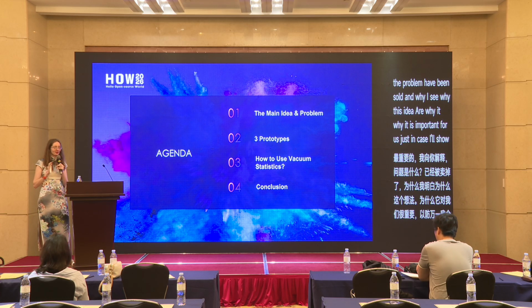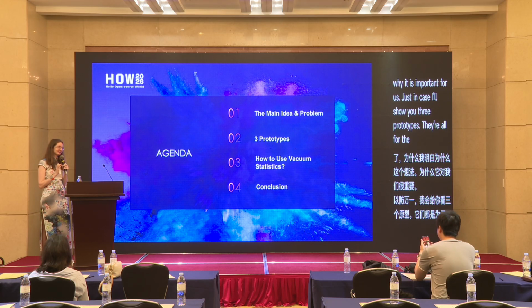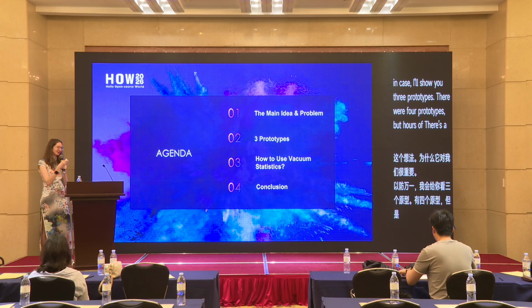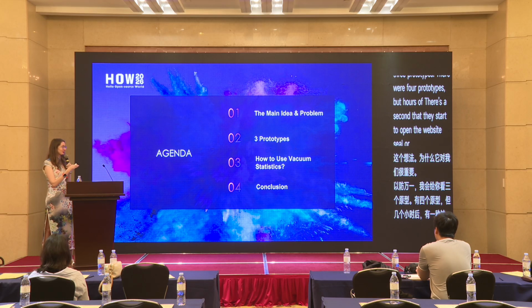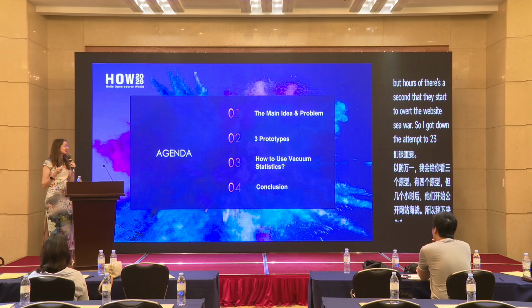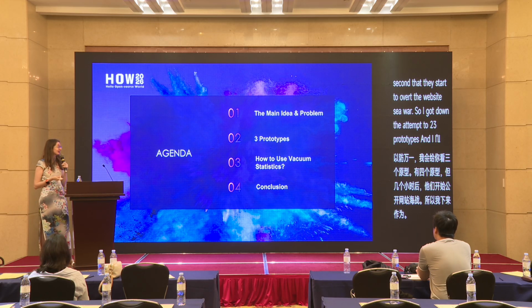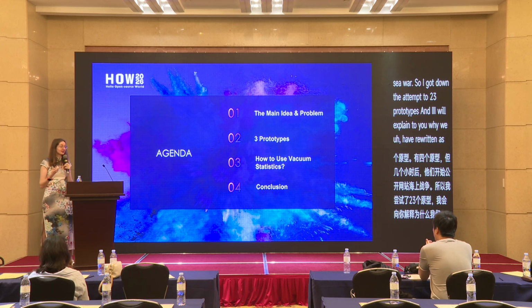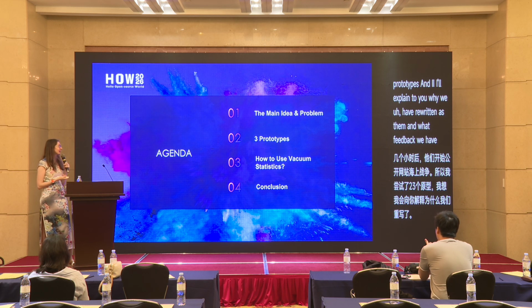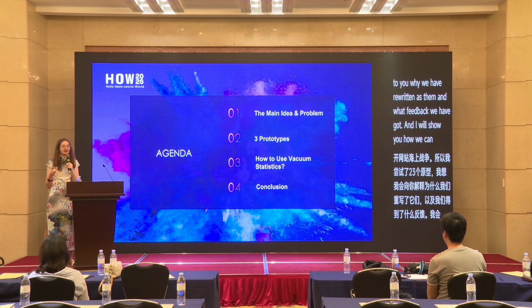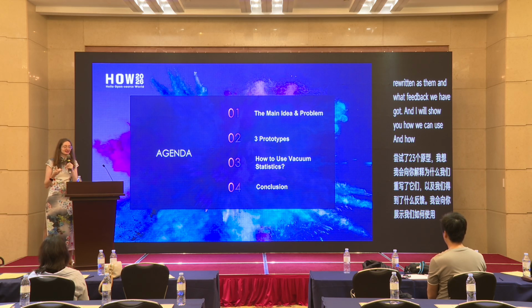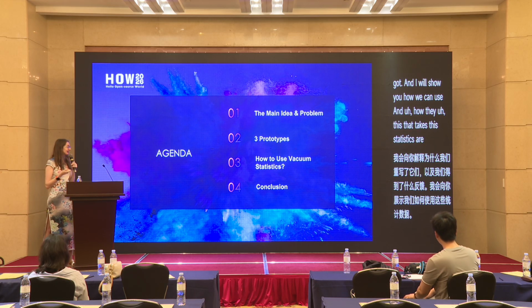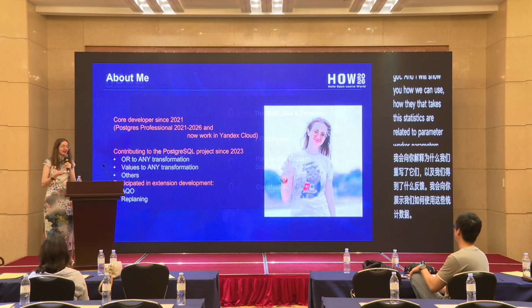There were 40 prototypes, but the second and the third prototypes are similar, so I cut them down to 3 prototypes. And I'll explain to you why we have rewritten them and what feedback we have got. And I'll show you how we can use them and how these statistics are correlated to vacuum parameters. And we'll make a conclusion.